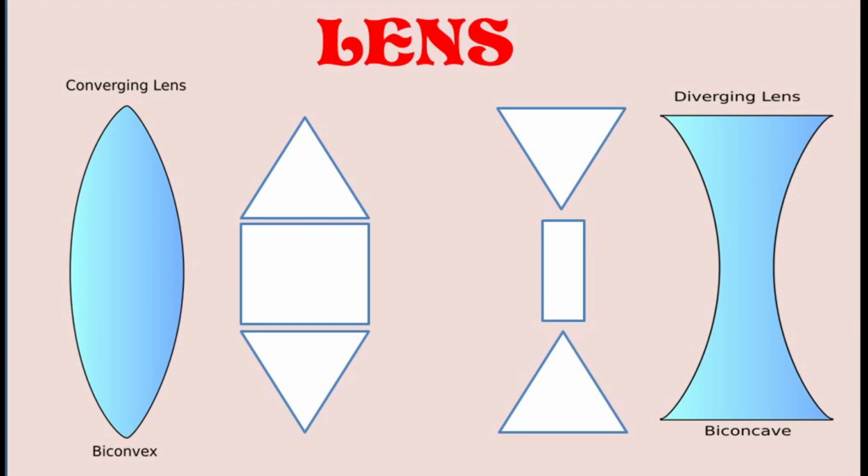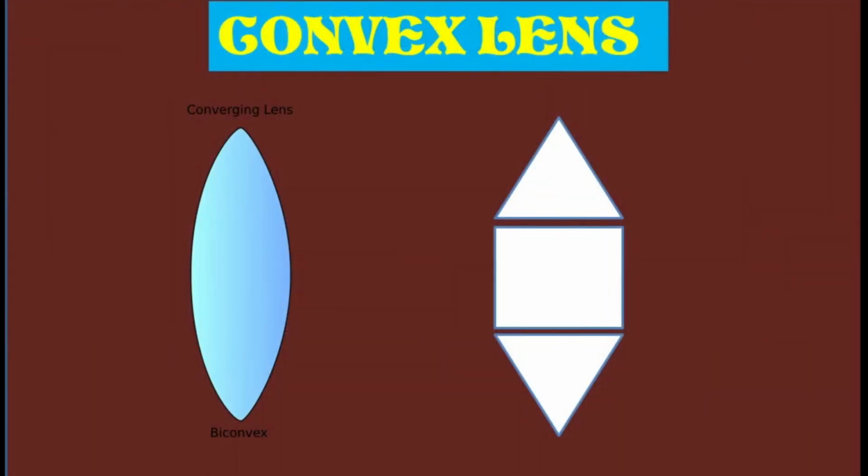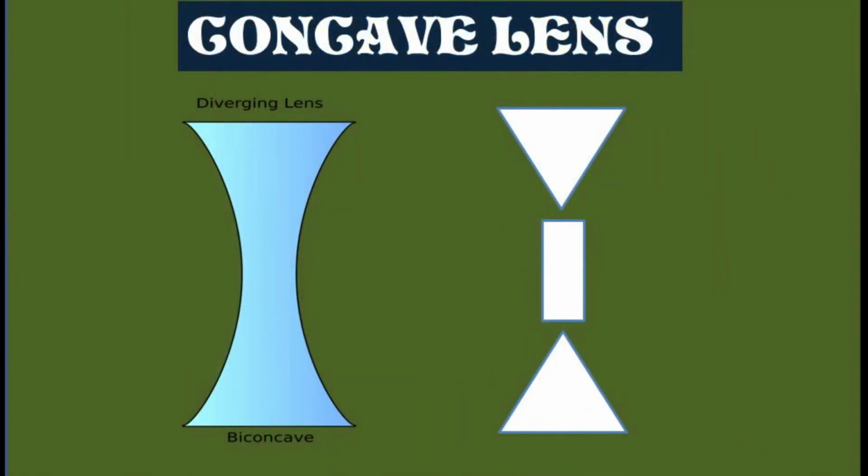A convex lens in its upper part has a prism with its base downwards and in its lower part has a prism with its base upwards. And a concave lens in its upper part has a prism with its base upwards and in its lower part has a prism with its base downwards.